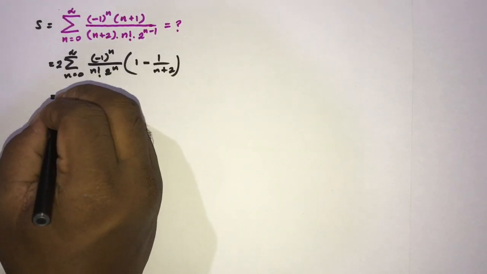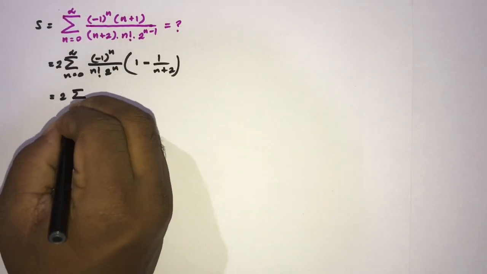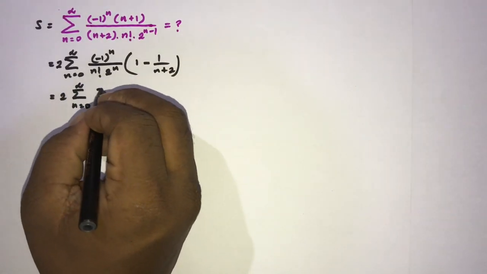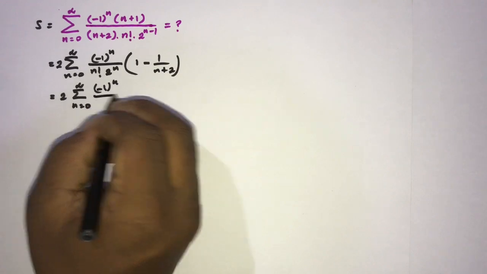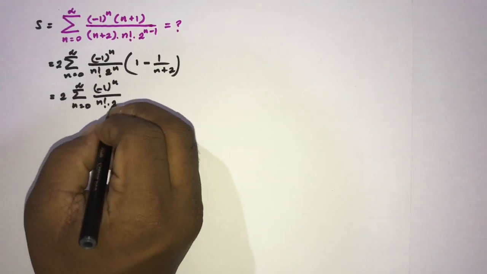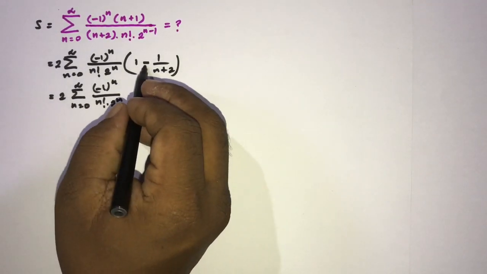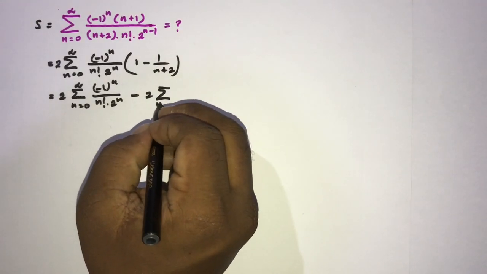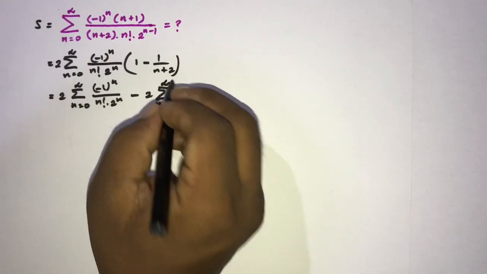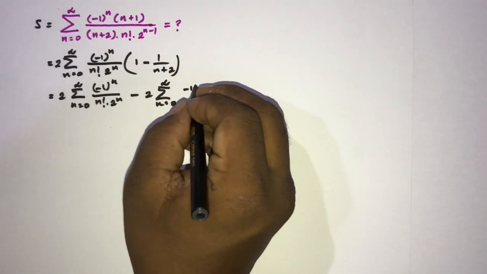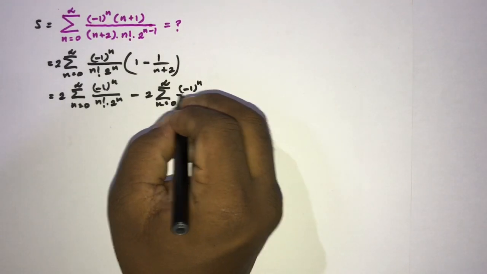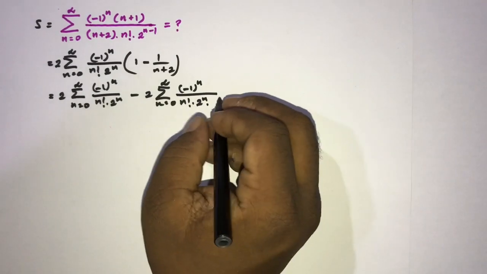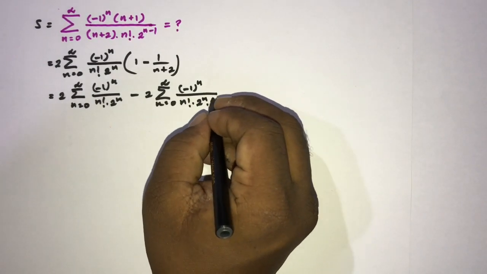So we can write 2 times the sum from n equals 0 to infinity of minus 1 to the n over n factorial times 2 raised to the n, then here a minus sign, so minus 2 times the sum from 0 to infinity of minus 1 to the n power over n factorial 2 raised to the n times n plus 2.